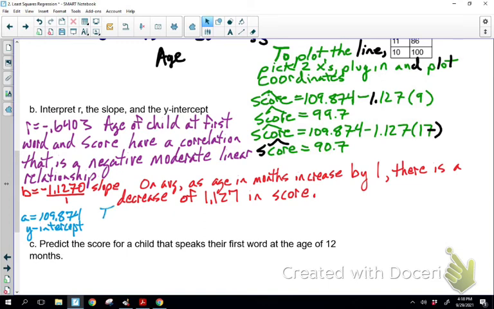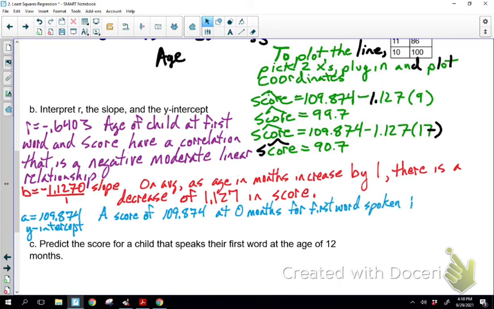the y, or let's say, a score of 109.874 at 0 months for first word spoken is not plausible.